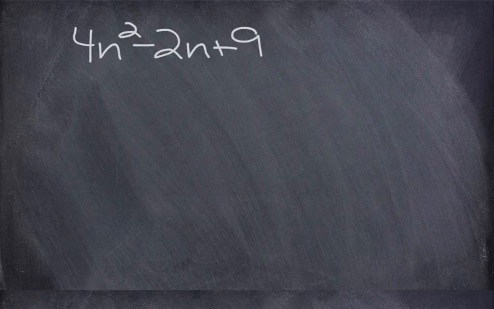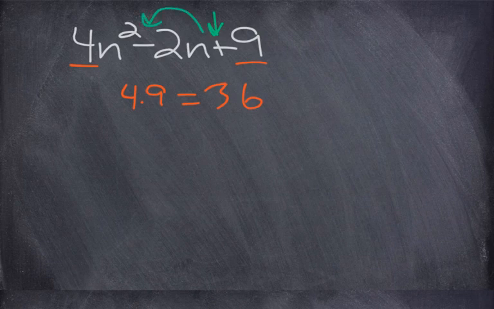So we do the same first steps. We have 4 and n, which gives us 4 times n, which is 36. Now right away I see that's a plus, which means in the parentheses they're going to be the same exact symbol, which means they're both negative. That means those factors are going to add up to 2.